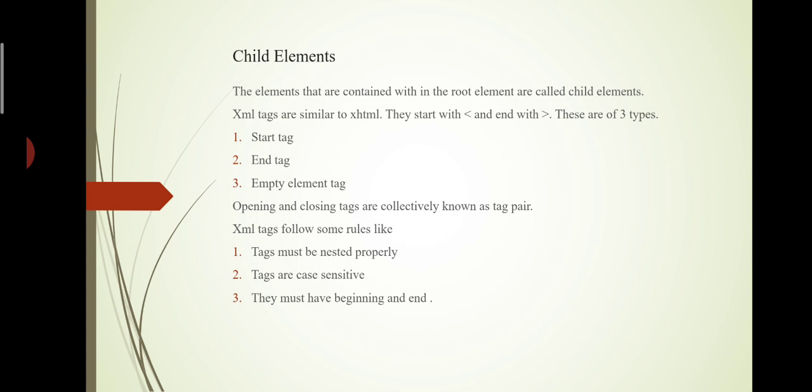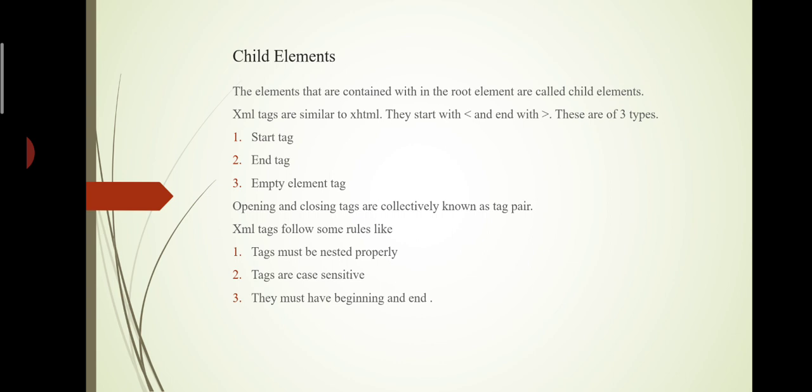Coming to child elements, the elements that are contained within the root element are called child elements. XML tags are similar to XHTML and they always start with the opening angle bracket and end with the closing angle bracket. There are three types of tags: the start tag, end tag, and empty element tag.